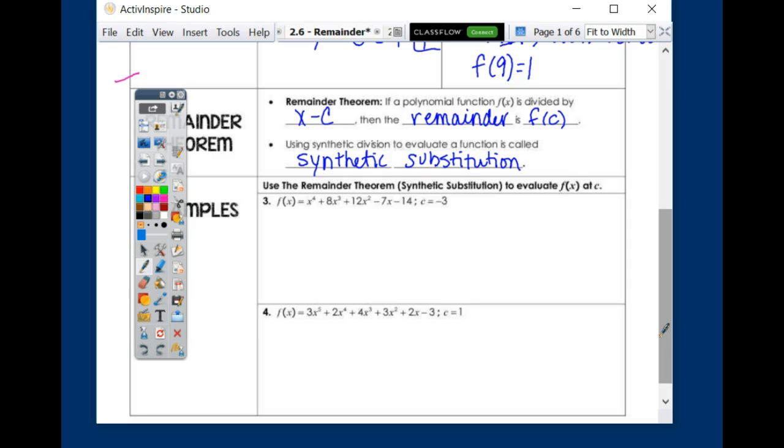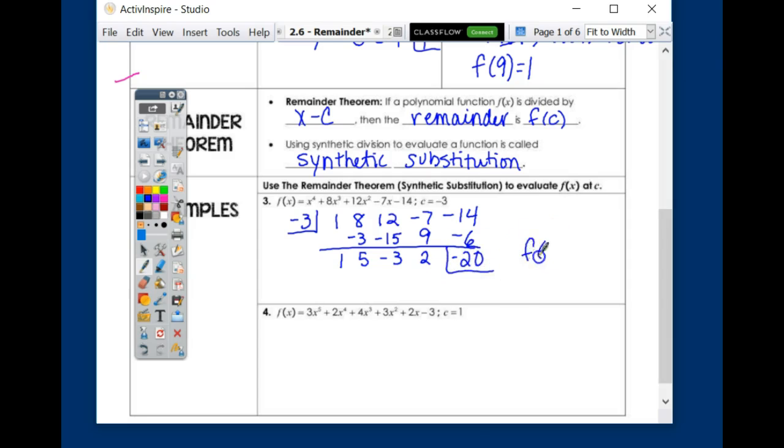So all of you synthetic divide. So I get -20 as my function value.